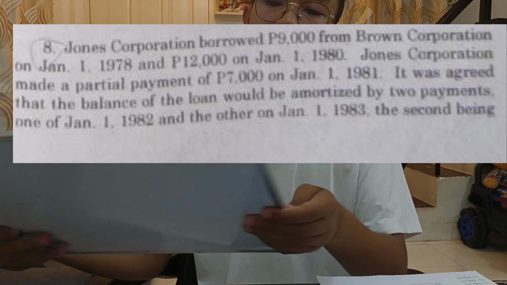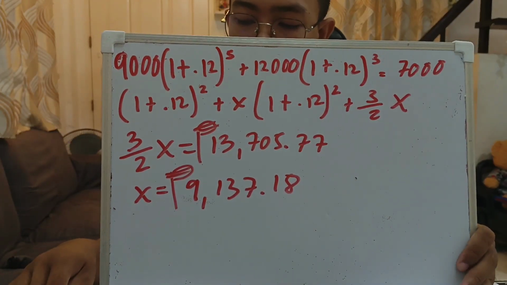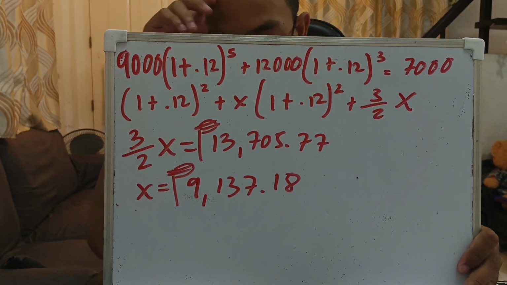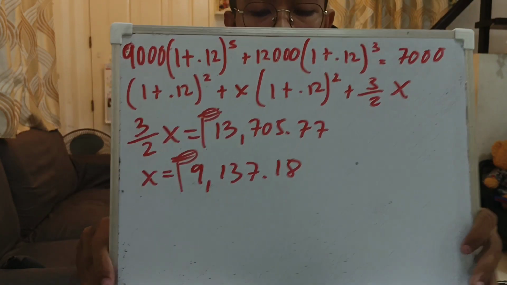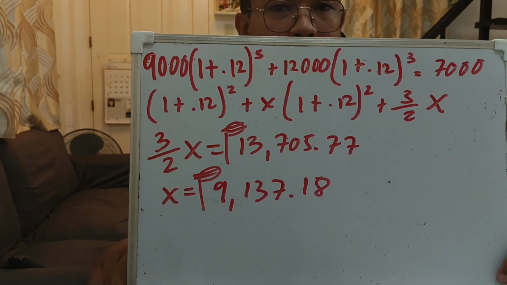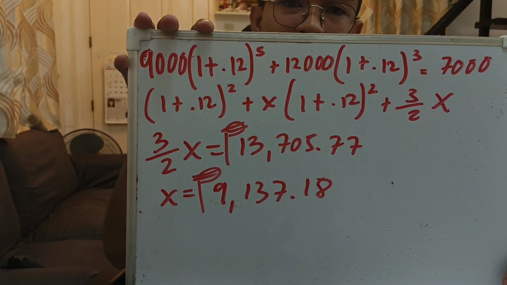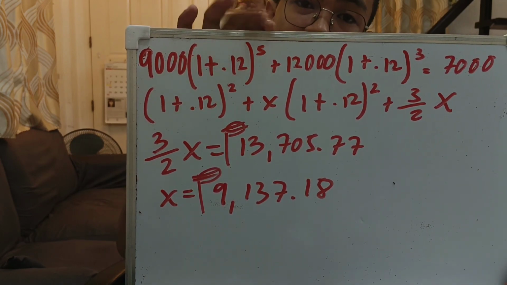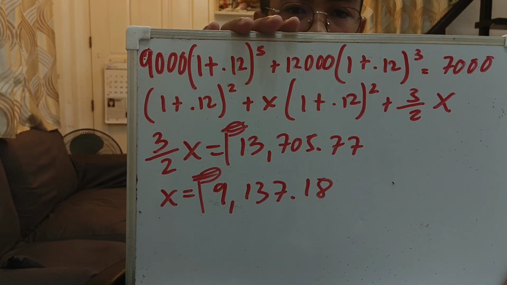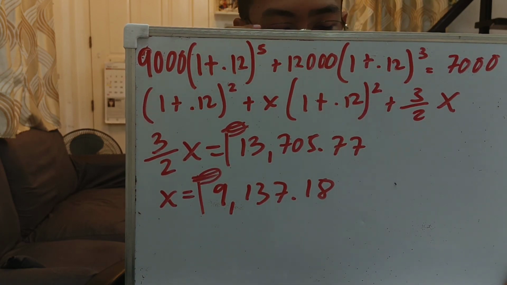So, slowly deciphering the problem. First, look for the future amount of the two borrowed amounts, which are the 9,000 and the 12,000. So future amount, 9,000 times 1 plus i, our i is 0.12, to the power of 5, and the 12,000 times 1 plus the same interest, 0.12, and our n is 3.